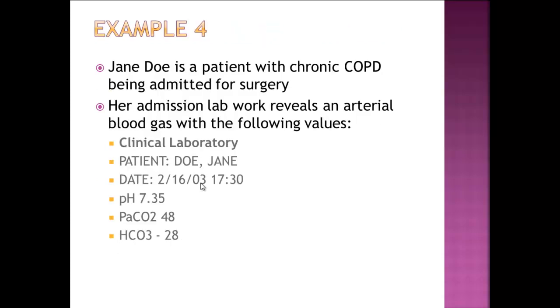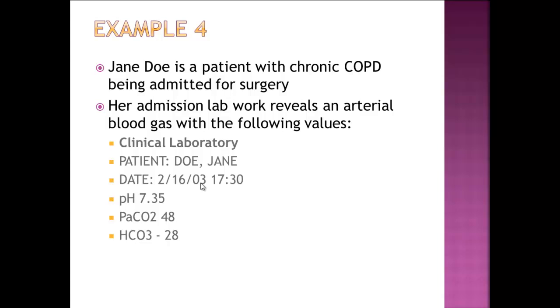Let's look at example 4 with Jane Doe, a patient with chronic COPD, admitted for surgery. She has a pH 7.35, PaCO2 48, HCO3 28. So the pH is low, 7.35. Actually very low normal, okay?